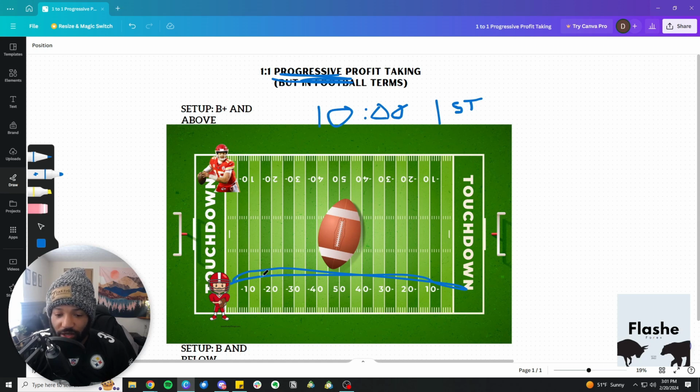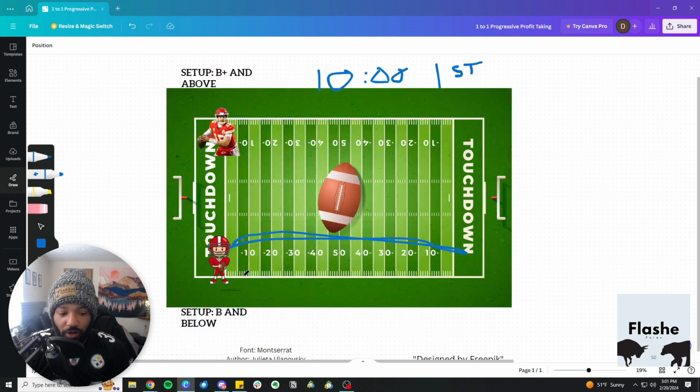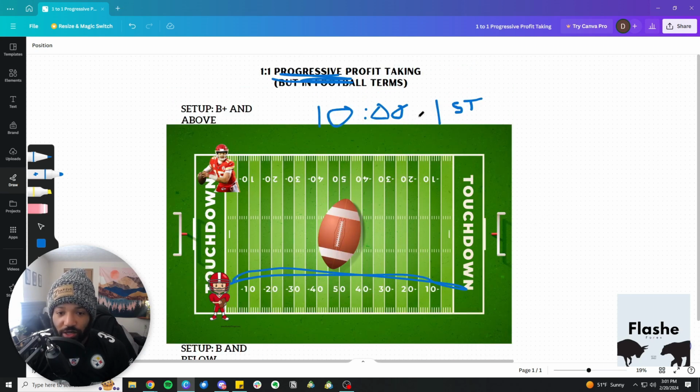These are just ones that you need to start looking for. You need to be aware of which ones are your low probability, less likely to happen, and which ones are the ones that keep paying you out. Because the thing is, I know that this quarterback is capable of throwing this far.